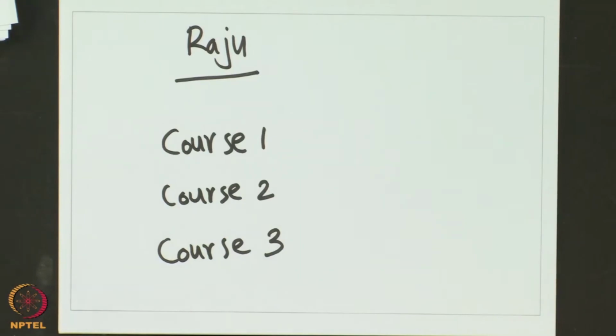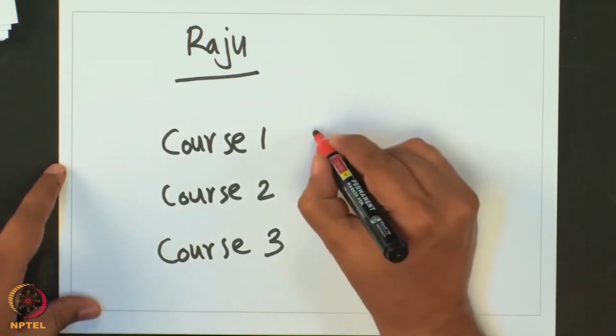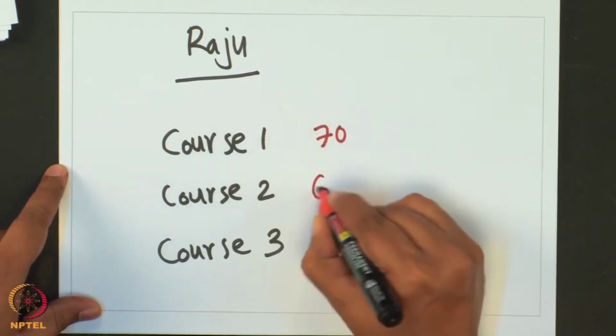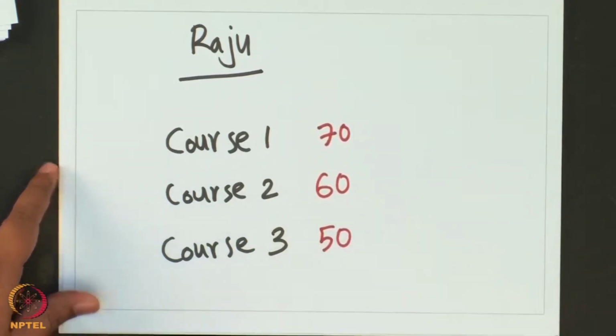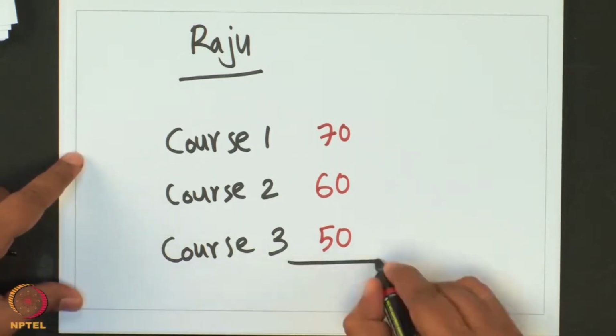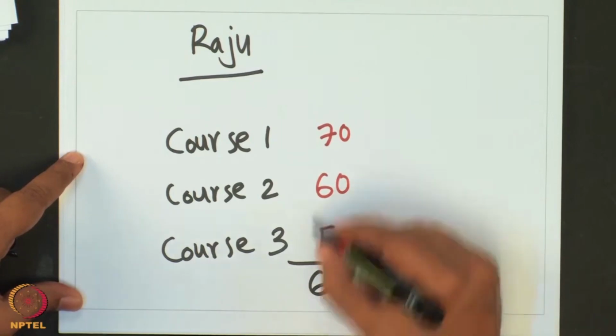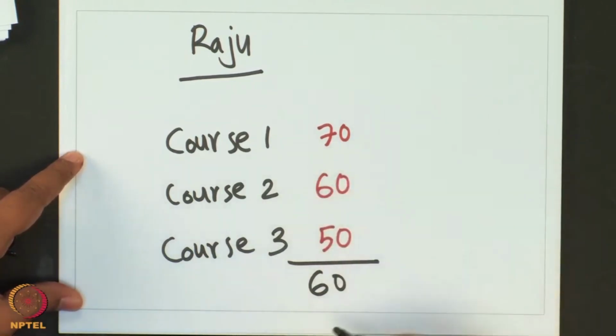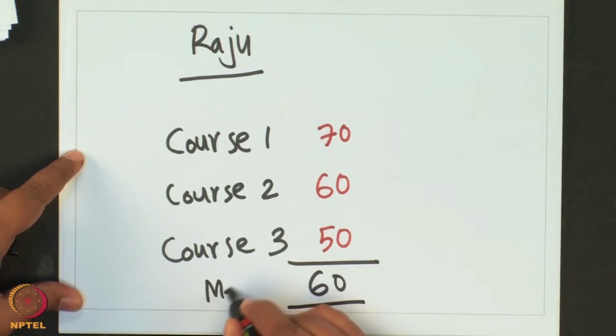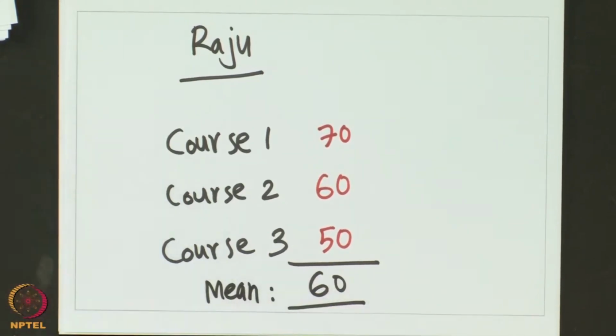Let us say the marks he got were 70, 60 and 50. These are the 3 marks, and the mean of these 3 numbers is of course 60. 50 plus 70 plus 60 is 180, divided by 3. So the mean is 60.